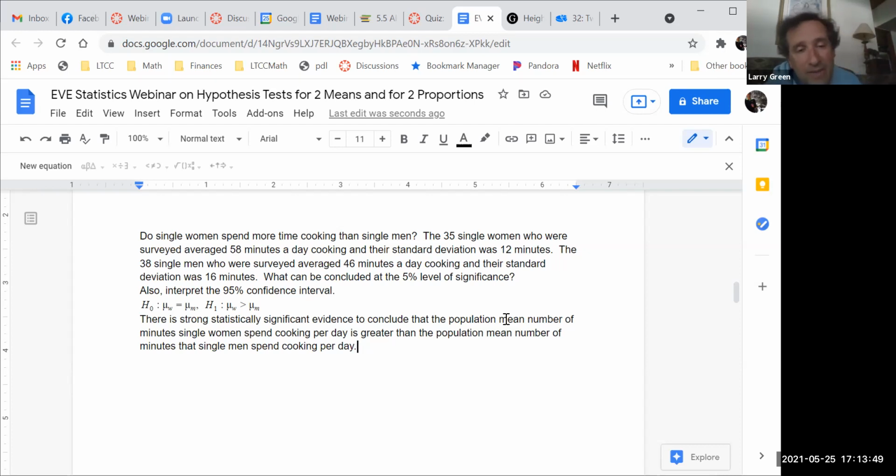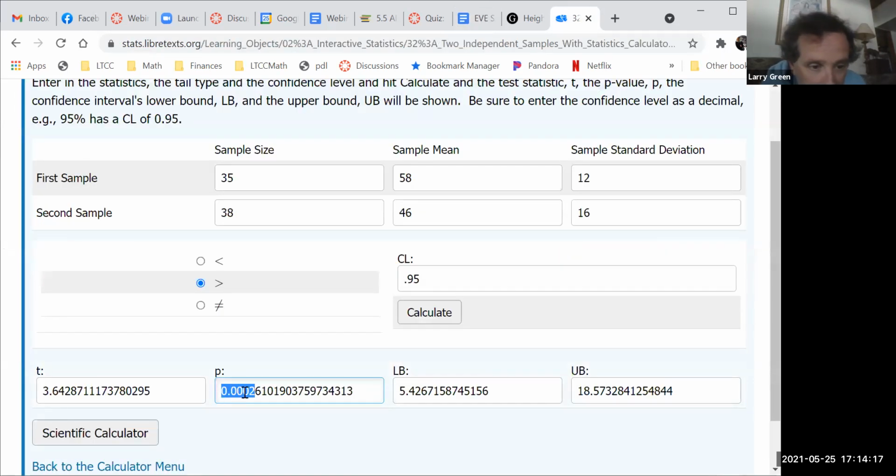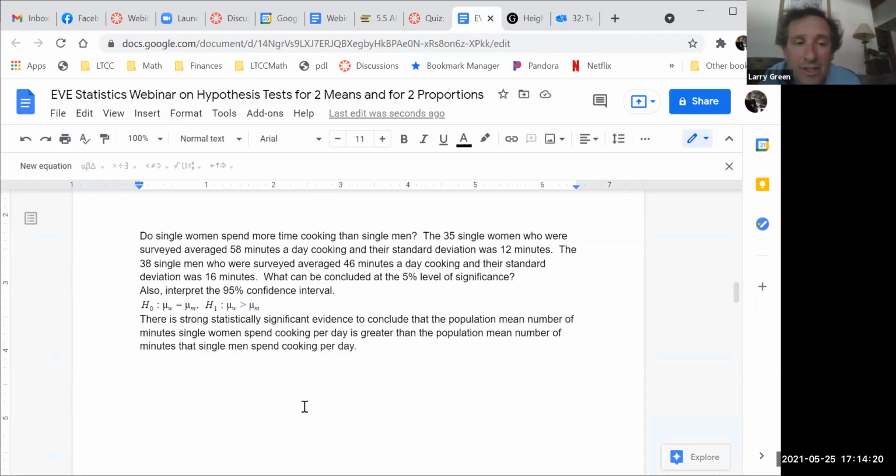Okay. Notice if you want to interpret the p-value, you would say that if the population mean number of minutes that women spend cooking per day was the same as the population mean number of minutes that men spend cooking per day, and if we surveyed another 35 single women and 38 single men, then there would be a 0.03% chance that this new study would have the sample mean number of minutes for women cooking per day at least 12 minutes longer than the sample mean number for men cooking per day for the two samples.